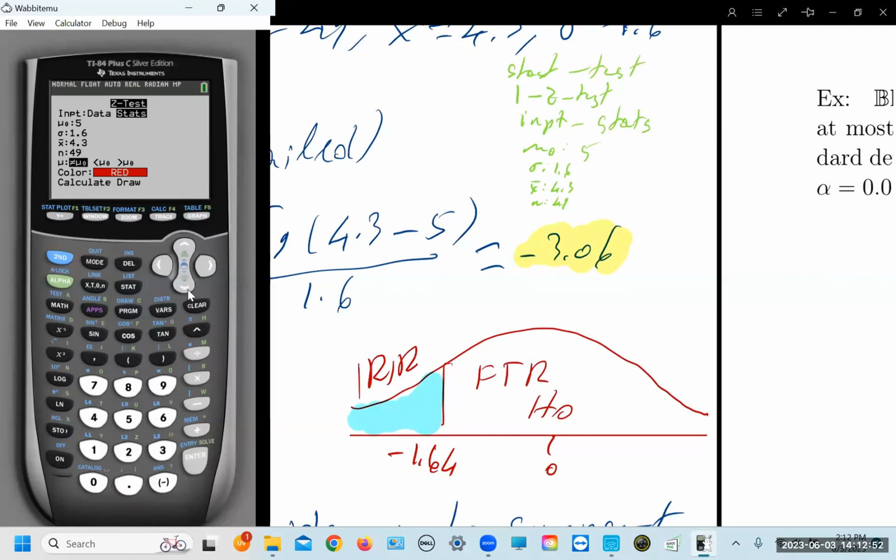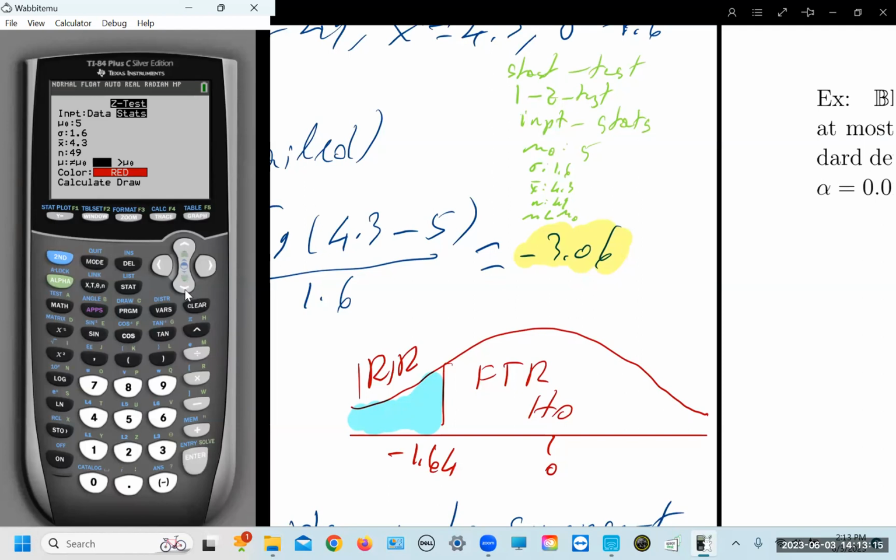And for the milk, it should be less than mu 0. So right here. Okay, enter for that.